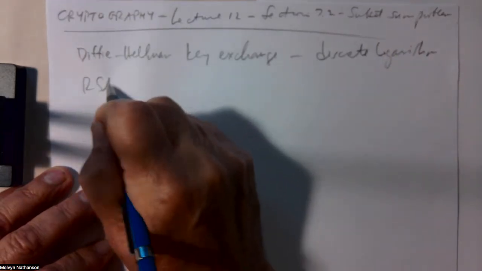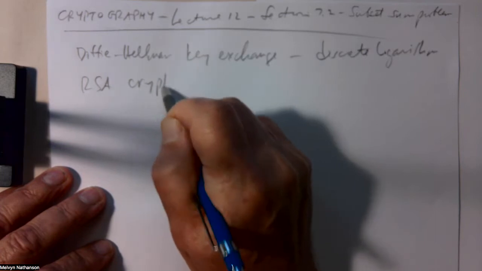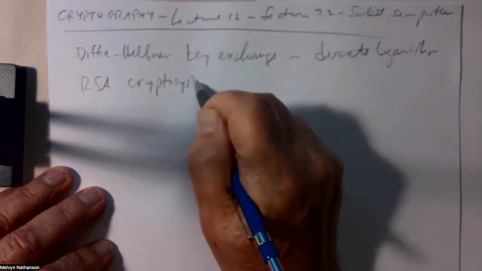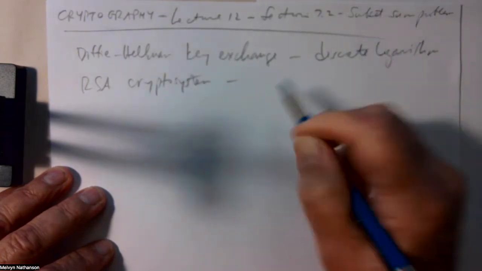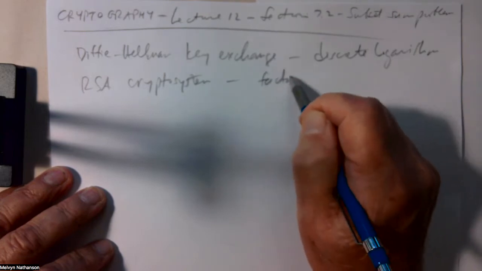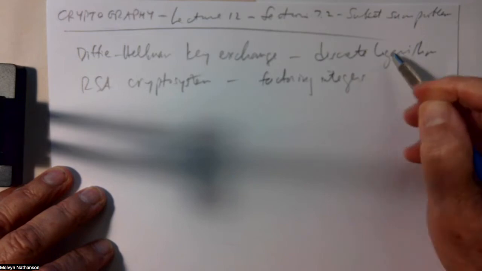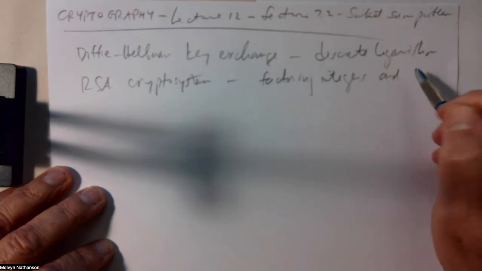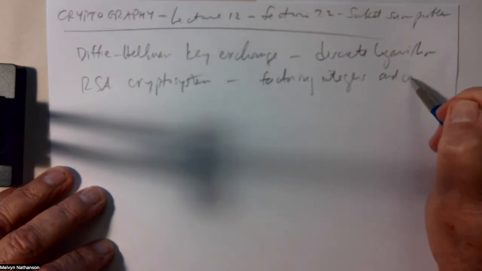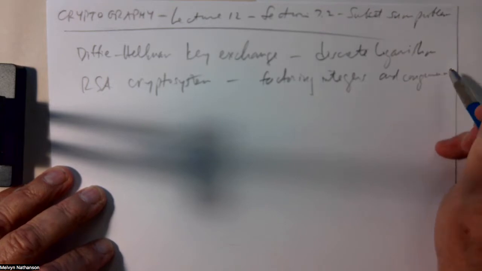We look at the RSA crypto system, which is based on factoring integers and solving congruences for powers.